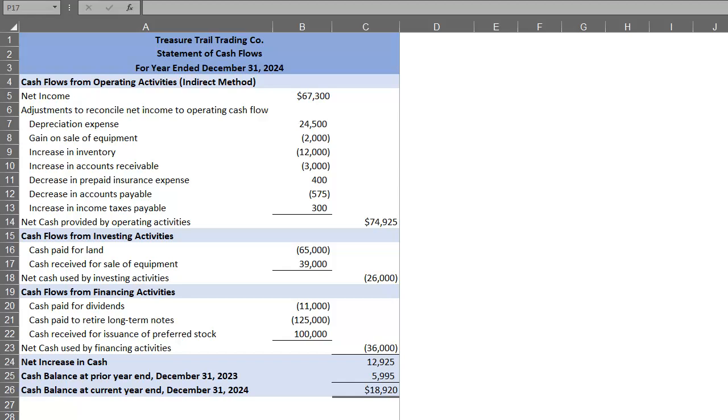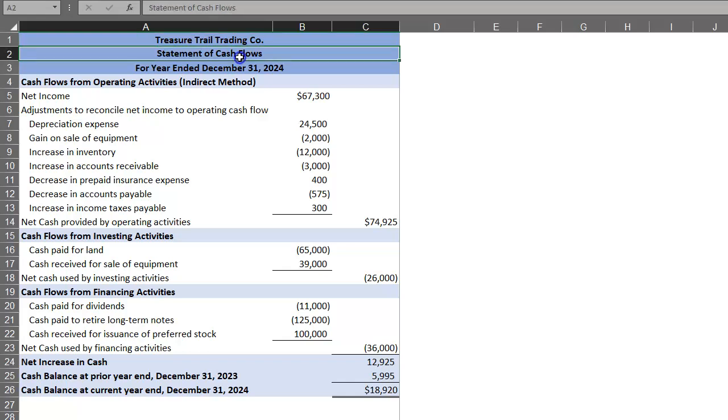All right, let's jump into the statement of cash flows. So if we start at the top with cell A1, this is the company name, Treasure Trail Trading Company. Moving down to cell A2, this is the name of the financial statement. And again, the financial statement we are reviewing is the statement of cash flows.